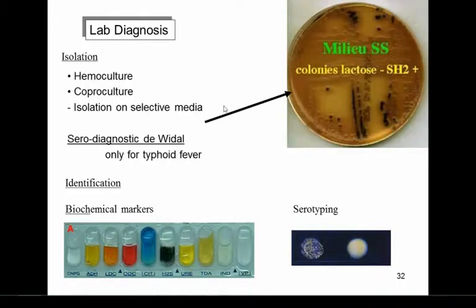And then you can identify them on selective media. So this is SS medium. It's going to be selective for gram negatives. It doesn't have eosin like the EMB plates, but these SS plates have got bile salts, which will inhibit the growth of gram positives.